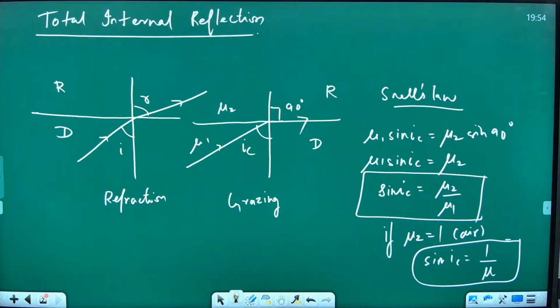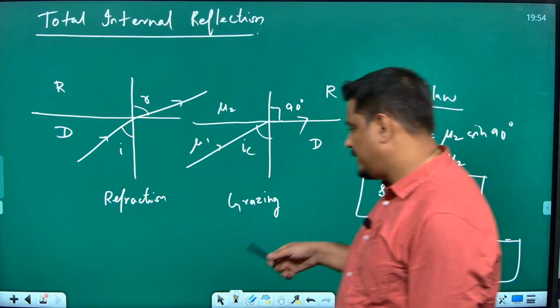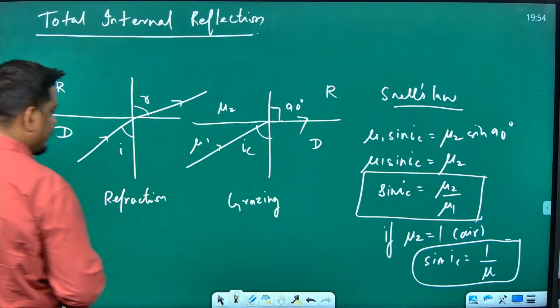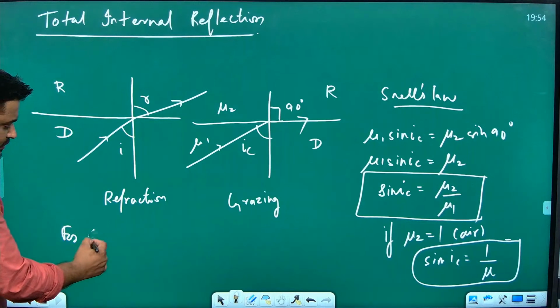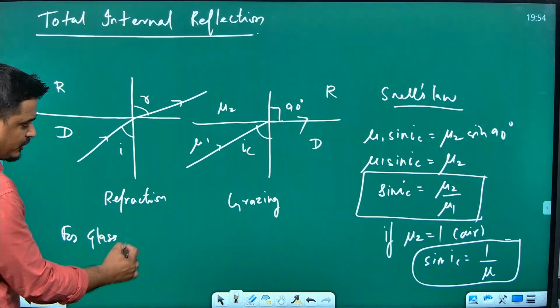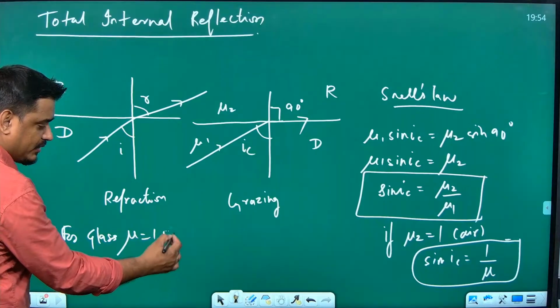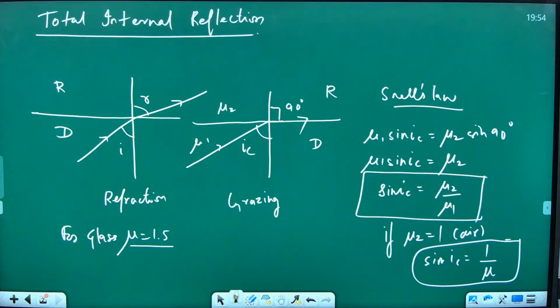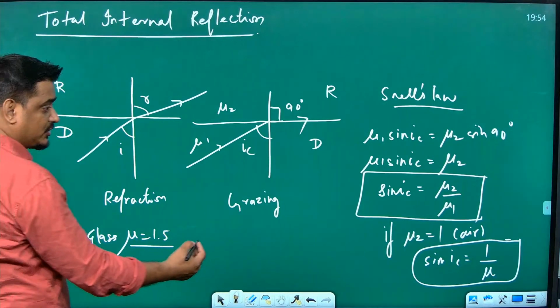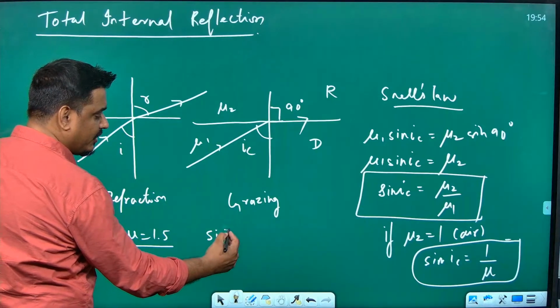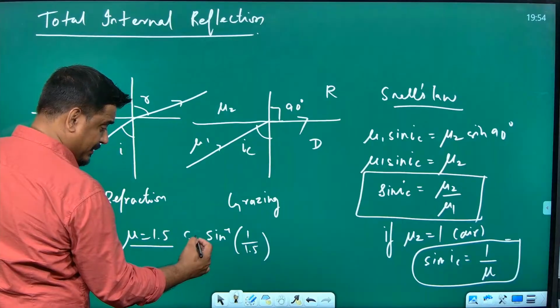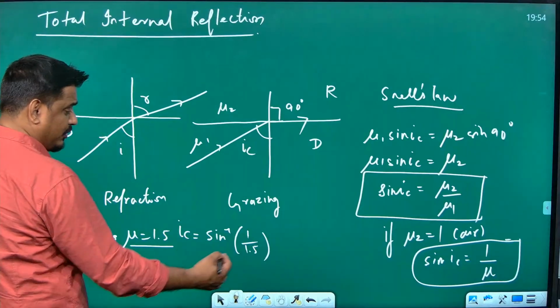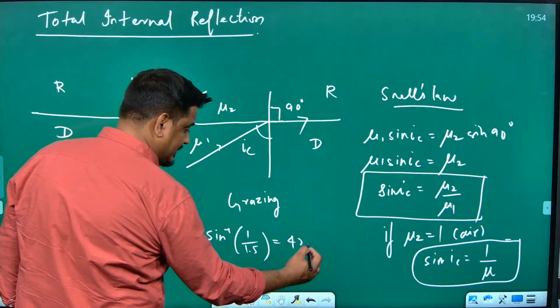One more information for you. Generally, we will have the first medium as glass and second medium as air. So for glass, you know what is the value of mu? 1.33 is for water, 1.5 is for glass. So sin inverse of 1 by 1.5 is the critical angle for glass, and that is equal to 42 degrees.